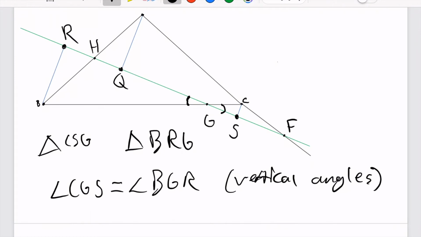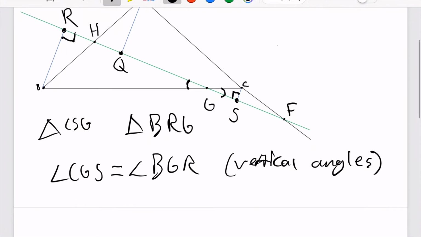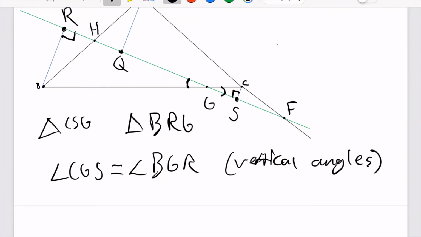So the other two angles we have: if we remember, this angle BRG in this triangle is a right angle because BR is perpendicular, and then this angle here, which is CSG, is also 90 degrees because CS is perpendicular.